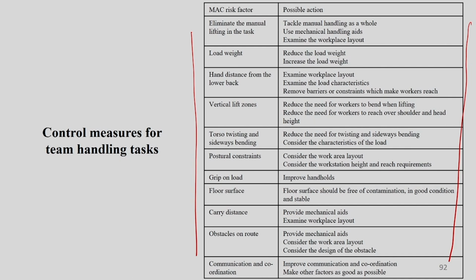So this tool is an extremely useful tool, and I always suggest if you are doing something in terms of lifting, carrying and team handling, in terms of manual material handling jobs, this tool is definitely going to help. It's a very useful tool, and it is going to give you very nice results and findings.